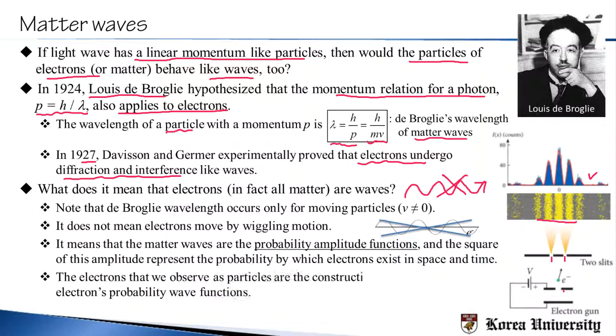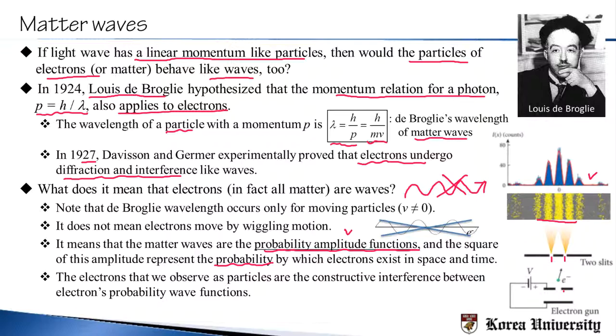What it actually means is that the existence of the electron itself is represented by the probability amplitude function, and the square of this amplitude is actually the probability, which means that electrons do exist in space and time. Remember, when we dealt with light, the amplitude was actually the changing electric field, and if you take the square of this amplitude, you got the intensity, and intensity is what we actually measure in light, the strength of the light, right?